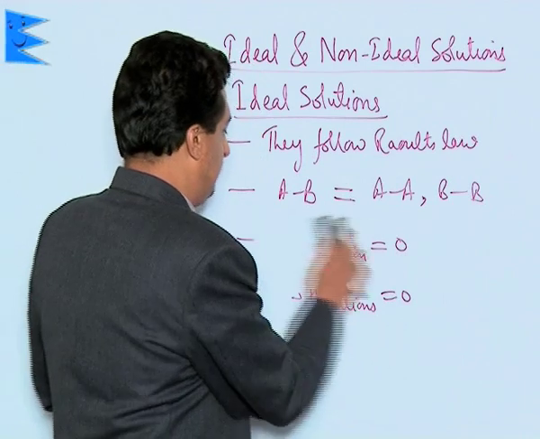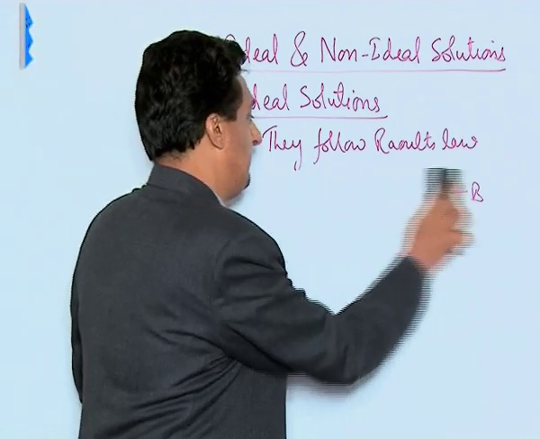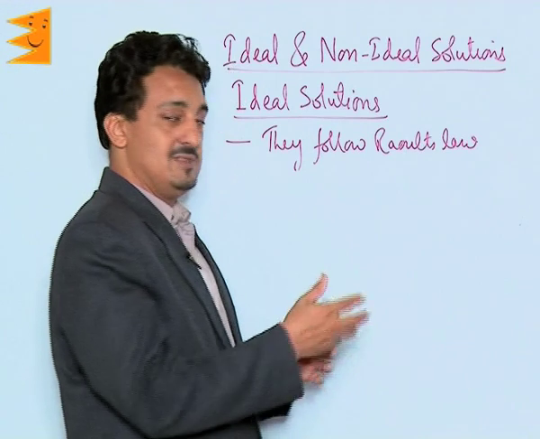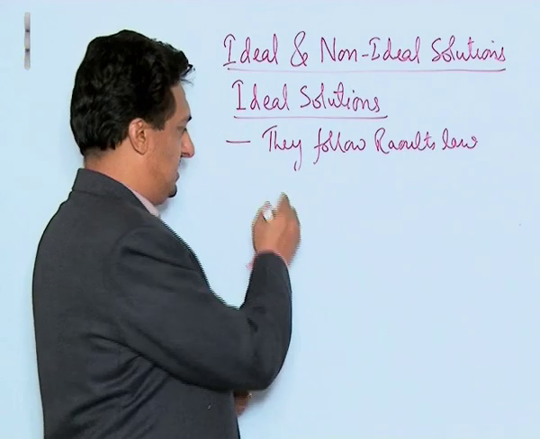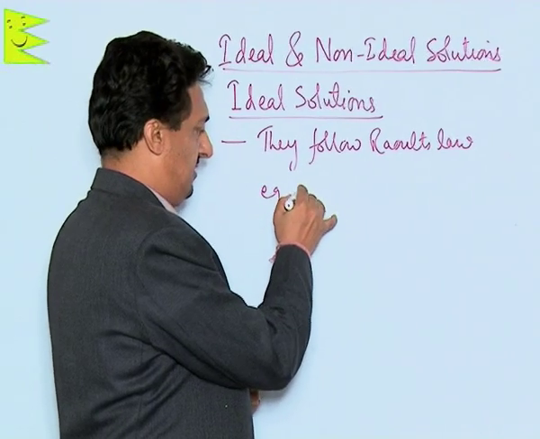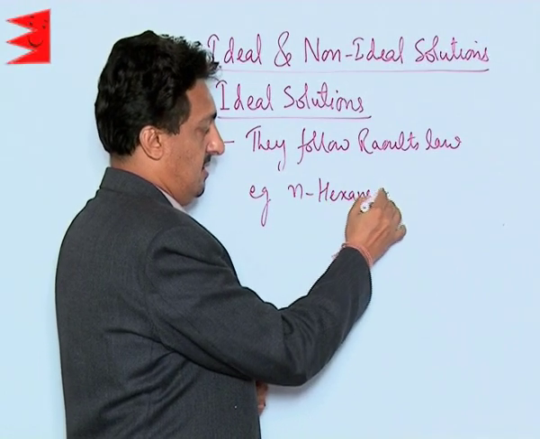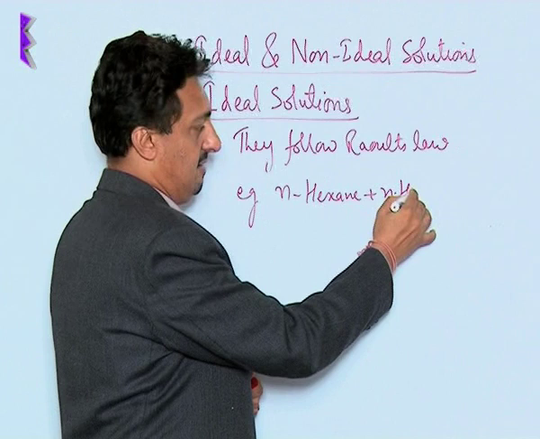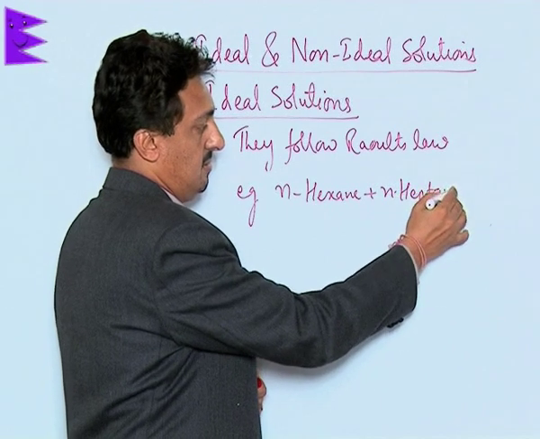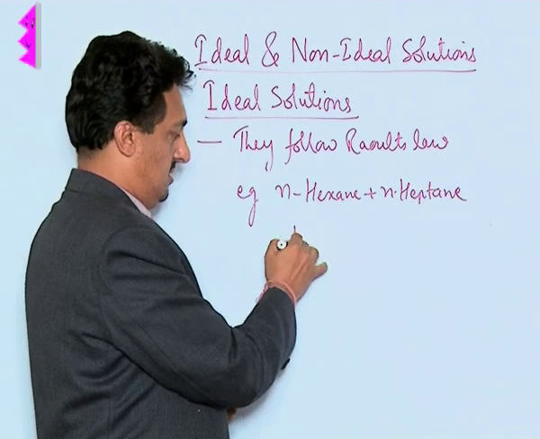The examples can be the ones in which, when mixed, there will be almost the same type of interparticle forces, like when n-hexane and n-heptane are mixed, we get an ideal solution.